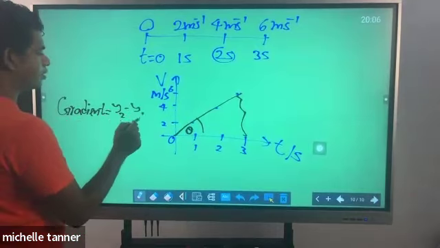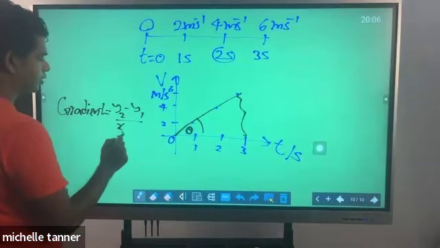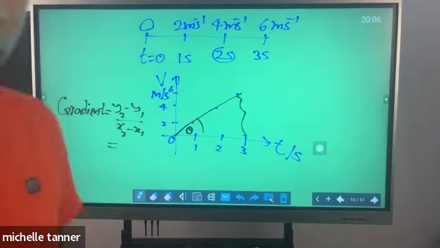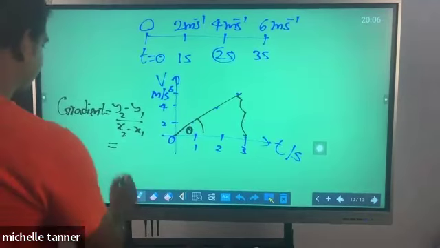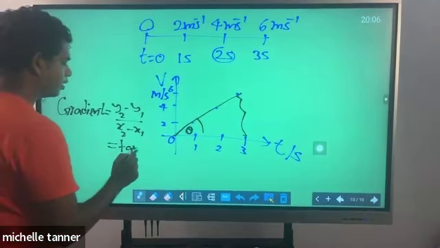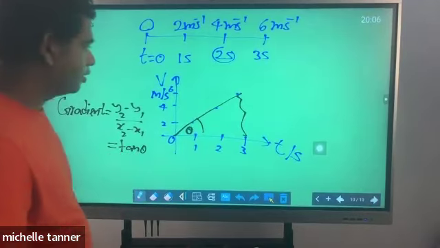Both are correct to calculate the gradient.